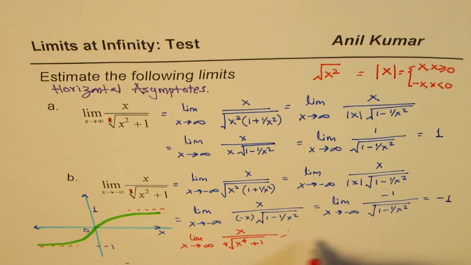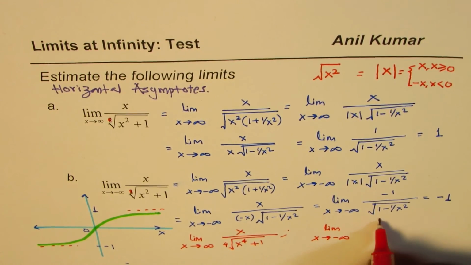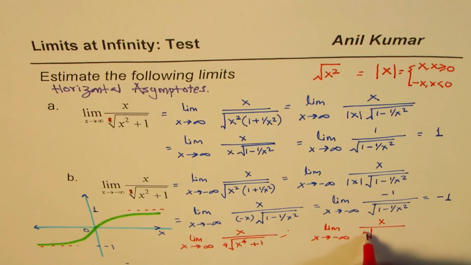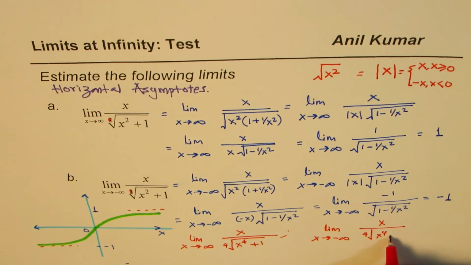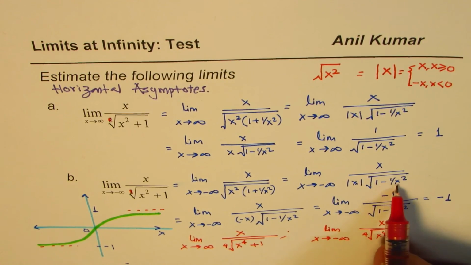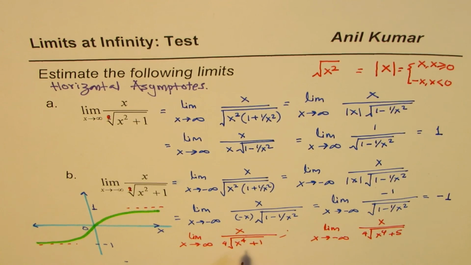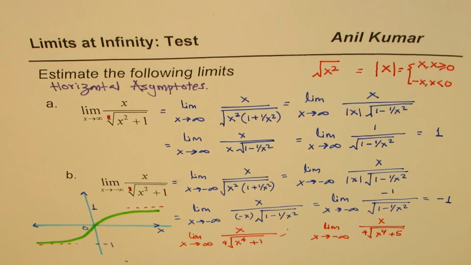But I'd like you to practice with this kind of a question. So it could be x approaches minus infinity, fourth root of x to the power of 4. This could be any number, right? Doesn't really matter, since you have seen that number over x squared is going to be 0 when you solve, right? So as a practice, you can take up these two questions.